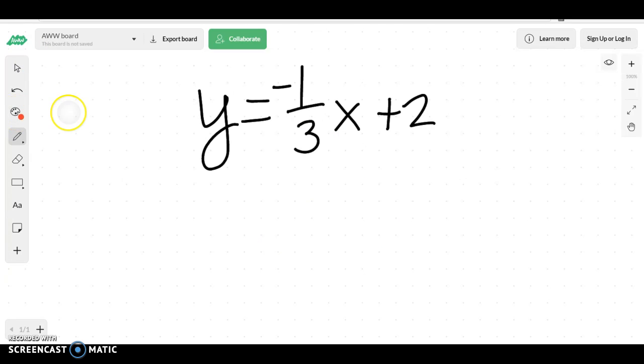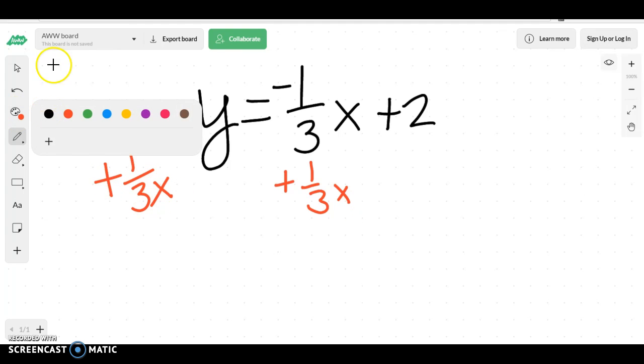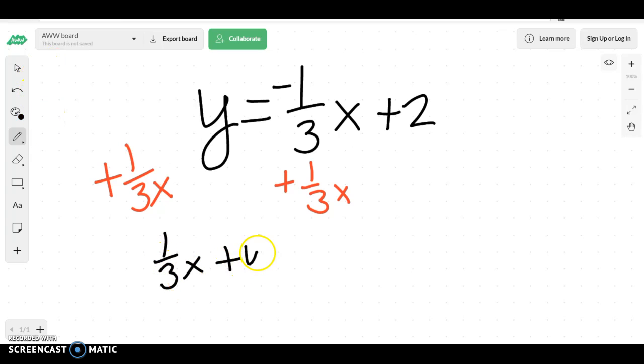Let's try another one. If you got stuck with this one, this has been a little bit different than the other standard form ones you've seen because this has a negative fraction. So because it has a negative fraction, instead of subtracting it over, we want to add it over. And again, once I add it over, I can't have a fraction.